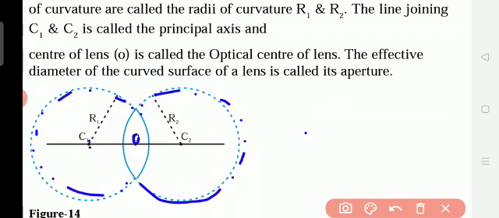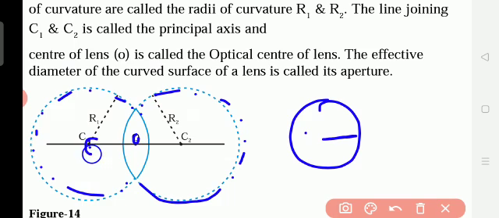Radius of the circle means half of the diameter of the circle. In this circle, the center point is called the center of curvature. Since the lens has two surfaces, we find two curvatures, so there are two centers of curvature here. For each surface there is one center of curvature.